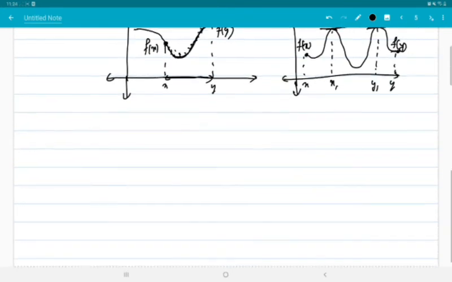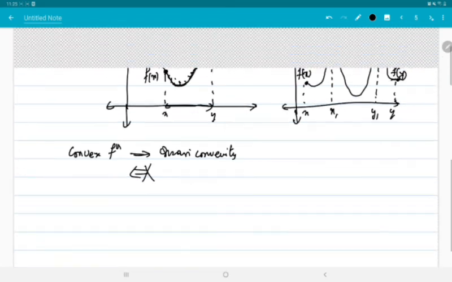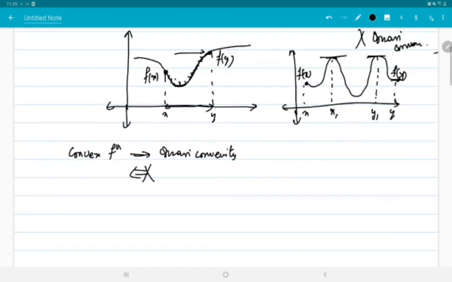All convex functions are quasi-convex. So convex functions imply quasi-convexity, but it is not necessarily the other way around. Let us look at a few examples. All the convex functions are quasi-convex, but there are certain functions which are only quasi-convex, like this function.